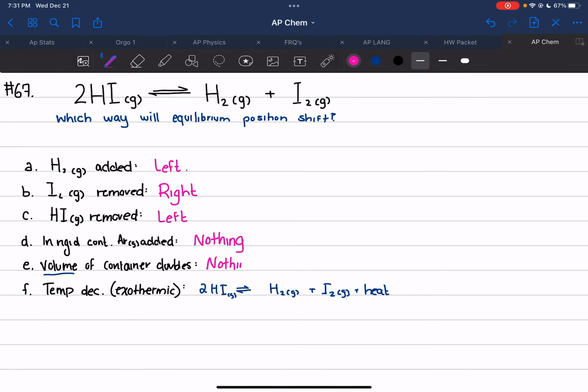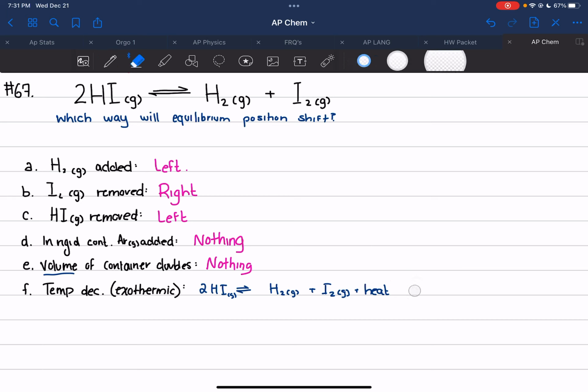Now I have this formula down here written because it's telling you the temperature decreases, so it's exothermic. It's an exothermic reaction, as in heat is a product, so your delta H here is going to be a negative value.